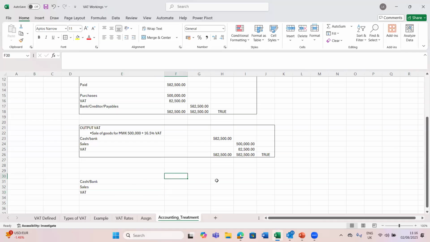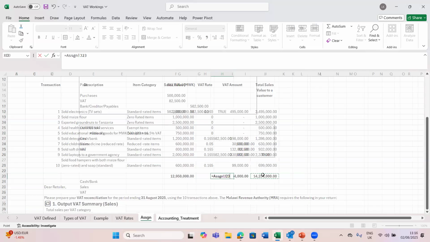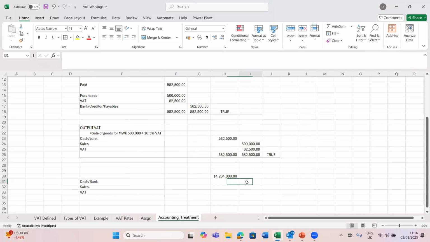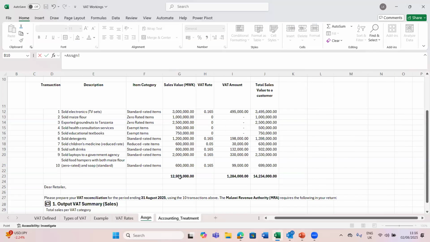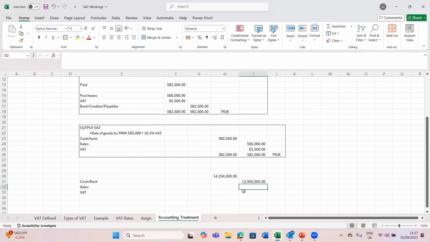So how much will be the cash? This is the cash. How much will be the sales? Our actual sales will be this one, that is before VAT.